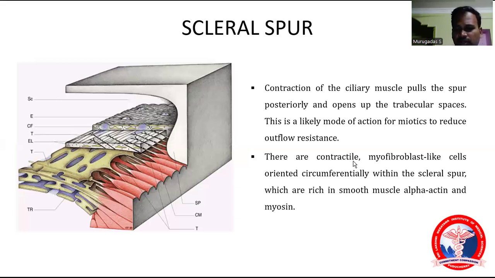There are some contractile myofibroblast-like cells oriented circumferentially within the scleral spur, which are rich in smooth muscle alpha actin and myosin. In this picture you can see the three layers of trabecular meshes and the scleral spur giving attachment to them.